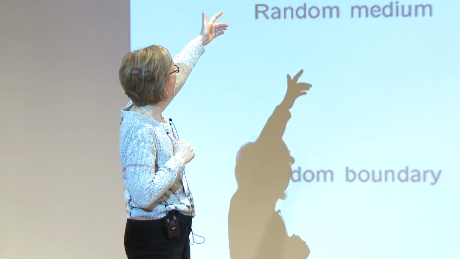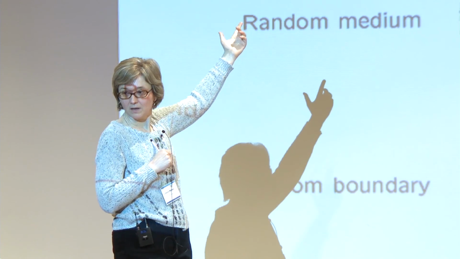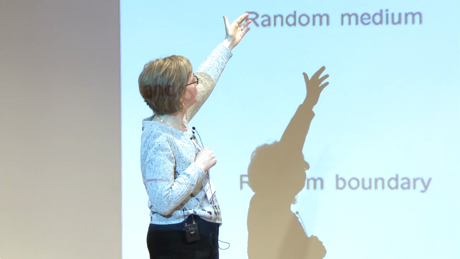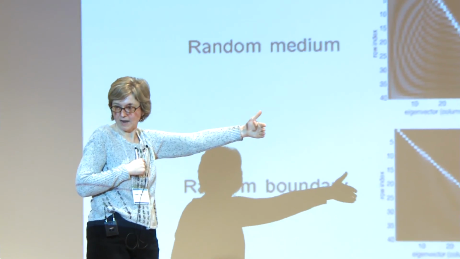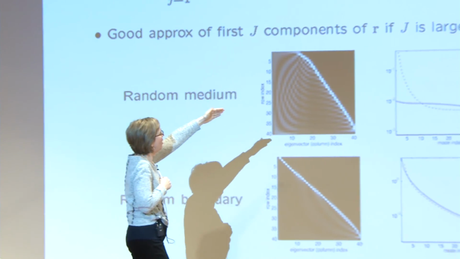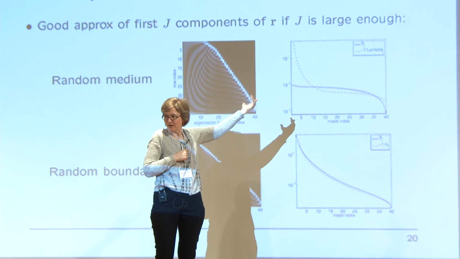Once you have that, then you know how big lambda j could be. You are at a distance z, you know z, so you know how big lambda j could be. And that tells you how big j could be because you know the matrix gamma, essentially.